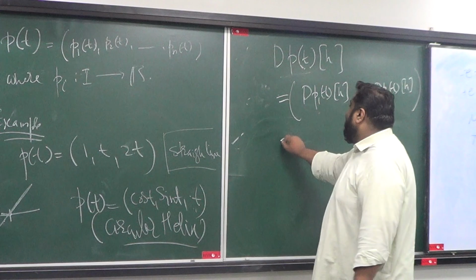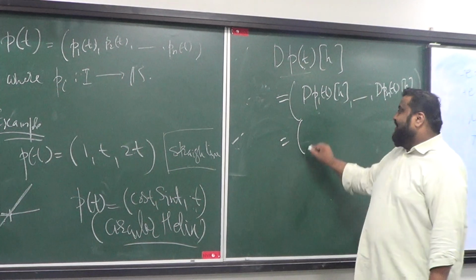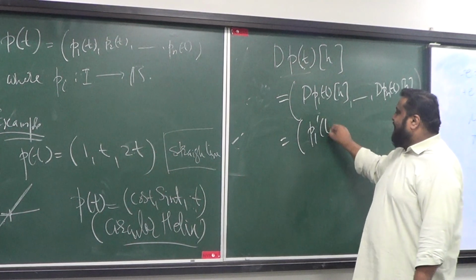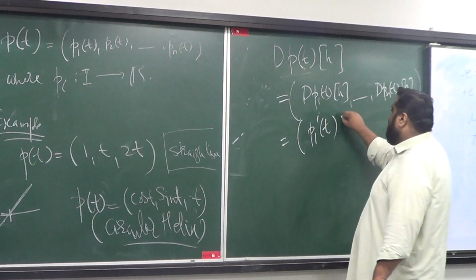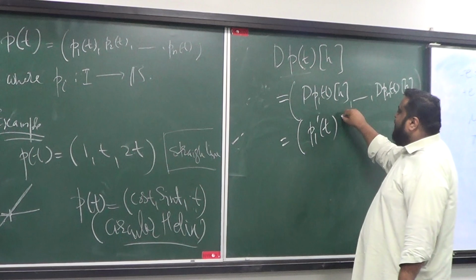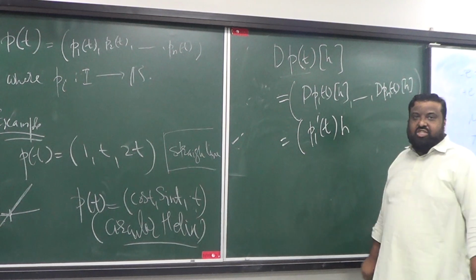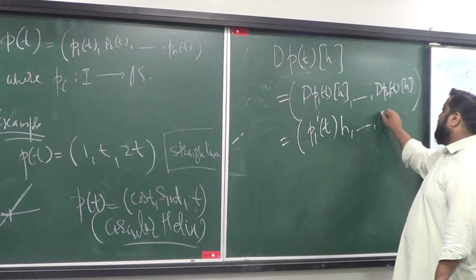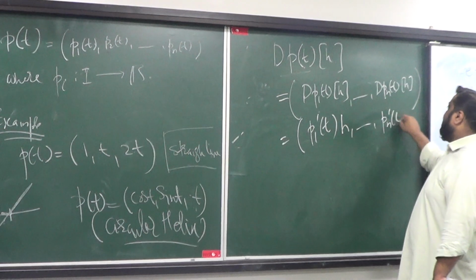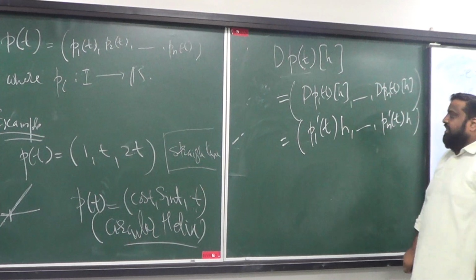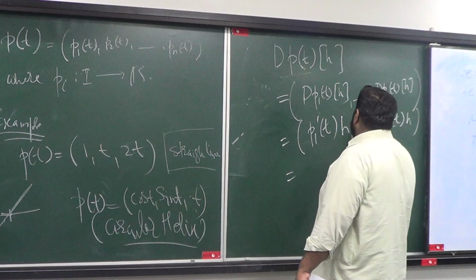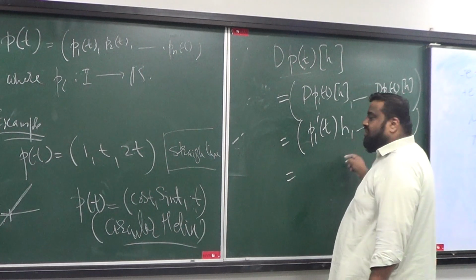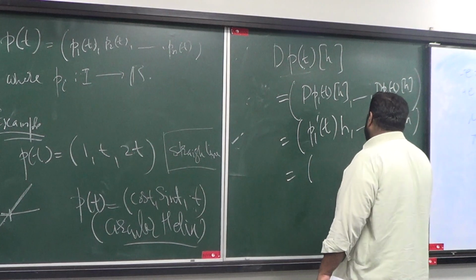So if it is the ordinary derivative, what does it mean? I have p1 prime of t, a simple time derivative, operated onto h, which means multiplied with h, up to pn prime of t. So h is a scalar in each component, so I can pull it out.